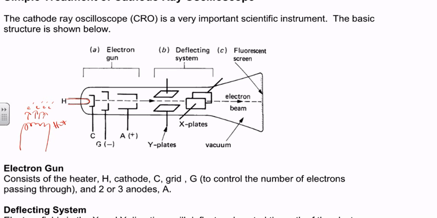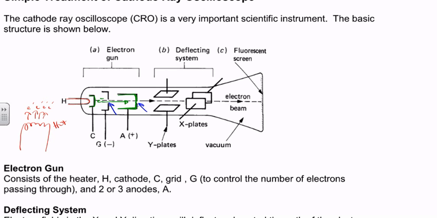So what happens? Let's say an electron gets to here, it gets repelled from the cathode, but it gets attracted to this one. Now you notice that there's a small gap in this one here, and there's also a small gap there, and that's to get rid of the wayward ones and also reduce the number of electrons that go through.